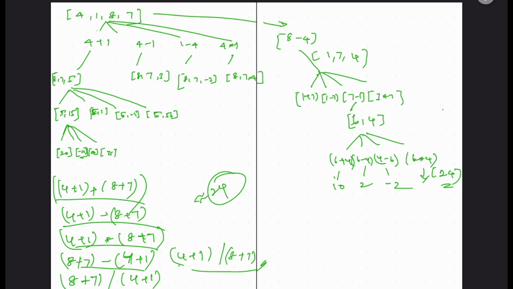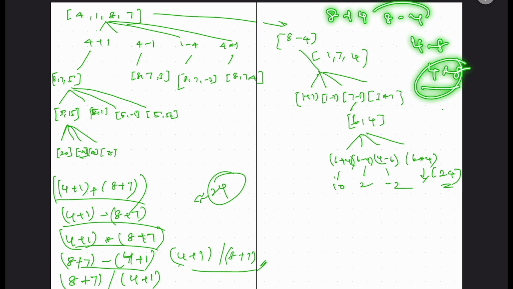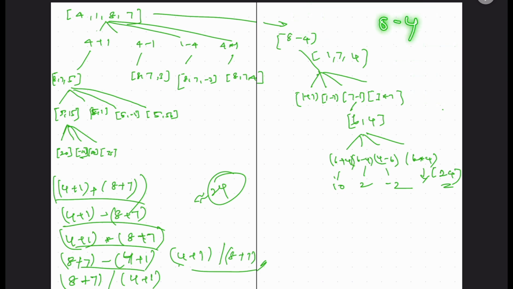Here, if initially you would have taken 8, then 8 will go with 1, 4, 7. This 8 will be traversing 8 plus 4, 8 minus 4, 4 minus 8, 4 times 8.